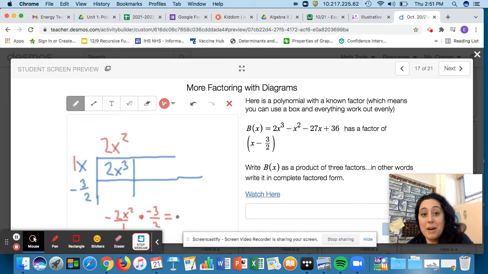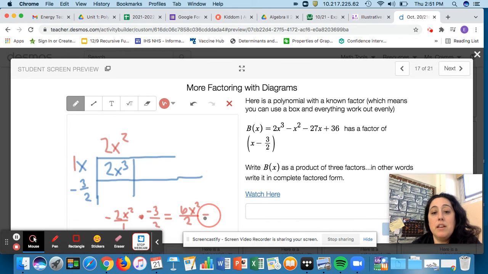My answer is going to be positive. Now, 2 times 3 is 6. And then I've got the x squared. And 1 times 2 is 2. All right, now 6 divided by 2 is 3. That would give me 3x squared.